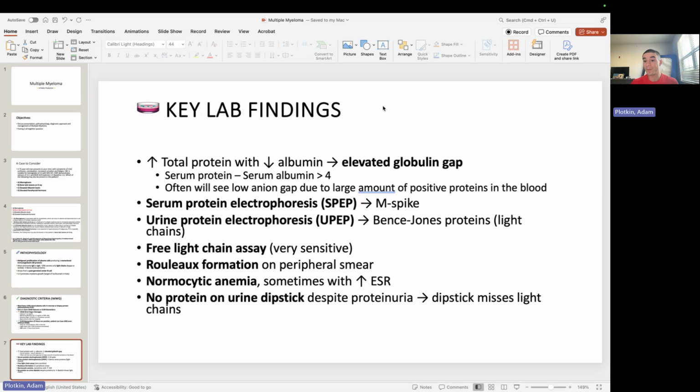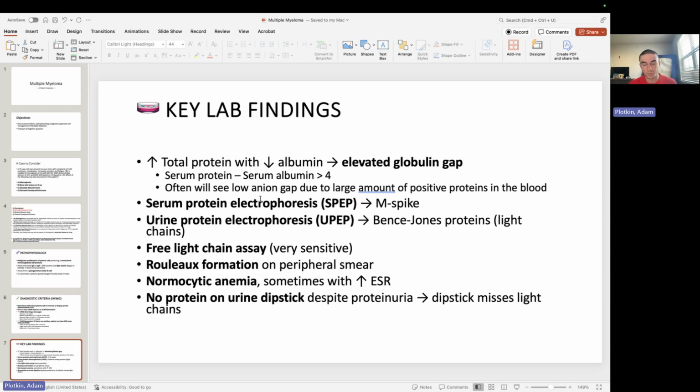So my next step, you're going to see this over and over again. This is the classic Step 2 question: now we have enough information and we say, I want to order an SPEP, UPEP with immunofixation for both. The SPEP looks at the serum protein and we place it on an electrophoresis. And what we're going to see is a huge M spike at one area.